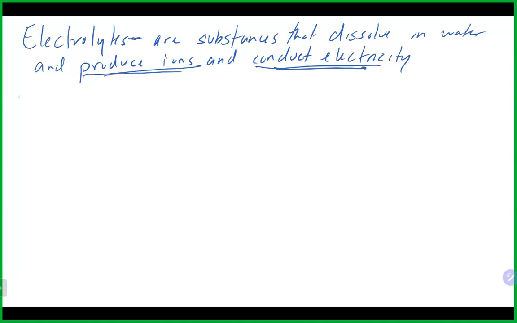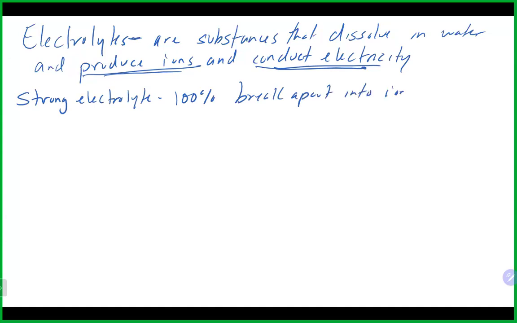So there are strong electrolytes, and if you have a strong electrolyte, it will 100% break apart into ions. So if you take something like, for example, sodium chloride, in a sodium chloride solution, it will 100% break apart into sodium ions and chloride ions in that test tube.